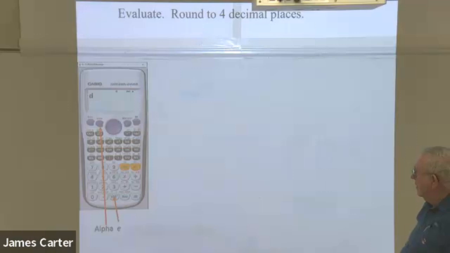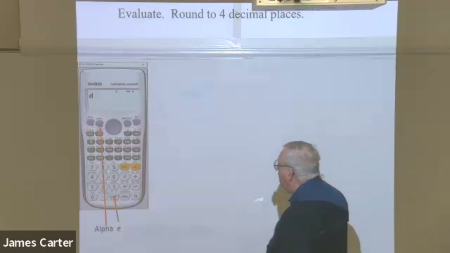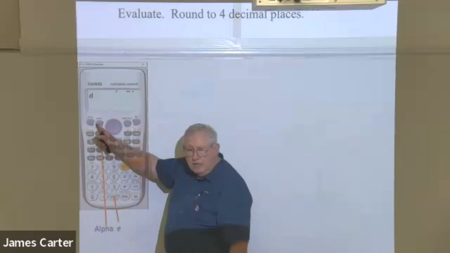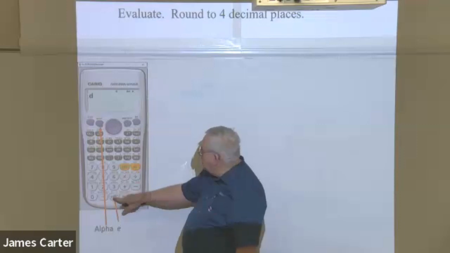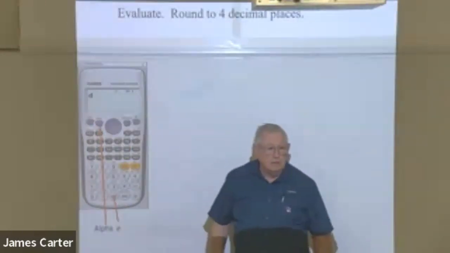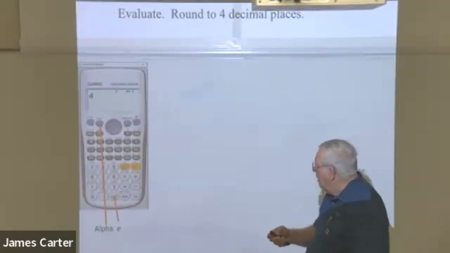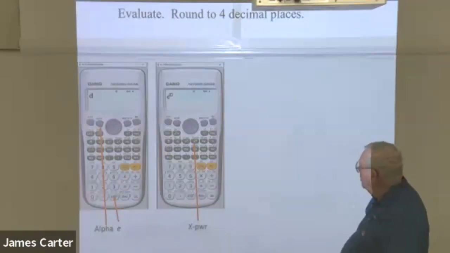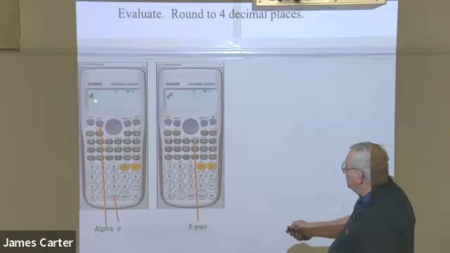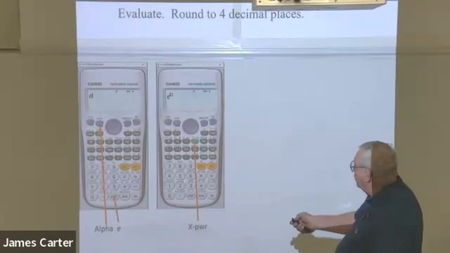Calculator. If you want to put an e in your calculator, the Casio that I have you use, by the way, from this point forward you need to have it with you every class. First the alpha key, then down here is this little e right here. Then you hit it, and that'll put an e in your calculator. Now, if you want e to some power, first you put the e in, and then you hit the unknown power button.